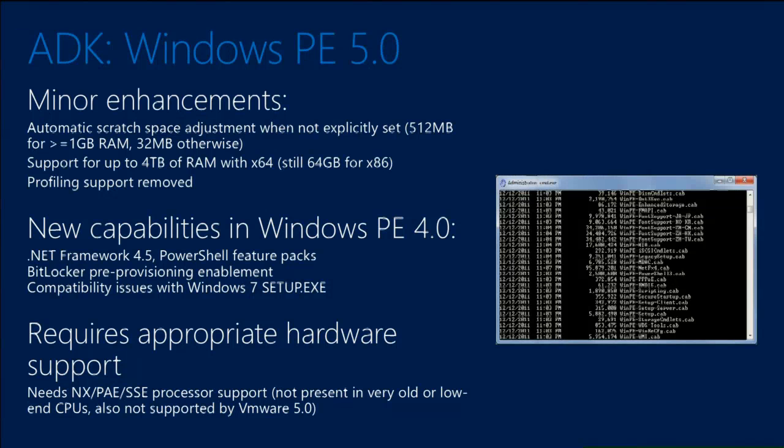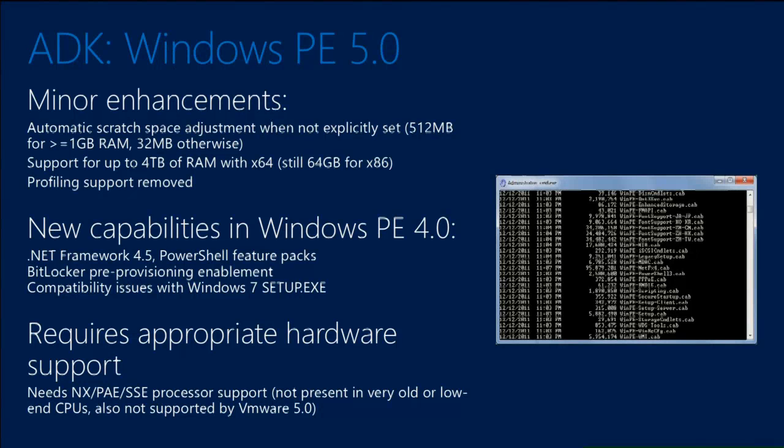For x86, the limit hasn't changed. It's still 64 gig. I would love to see an x86 system that has 64 gig in it because once the OS boots, it can only access about 3 gig of that. So you would waste the other 61, but that's just an aspect of the platform that is kind of strange.